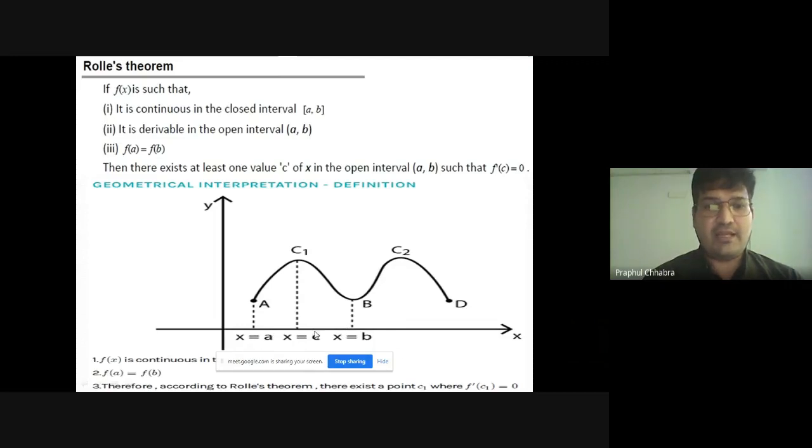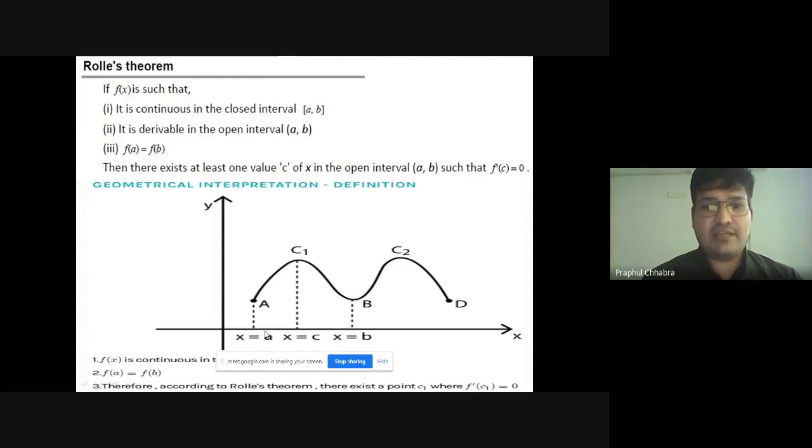In the interval x = a to x = b, we can see this function is continuous from point A to point B. There is no sharp point from point A to point B, so we can say it is differentiable in the interval A to B.